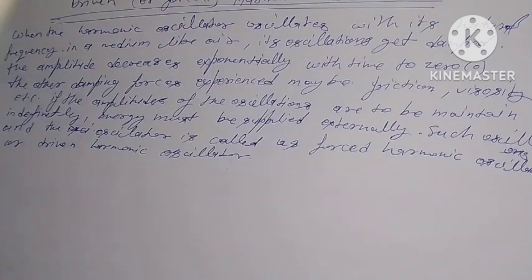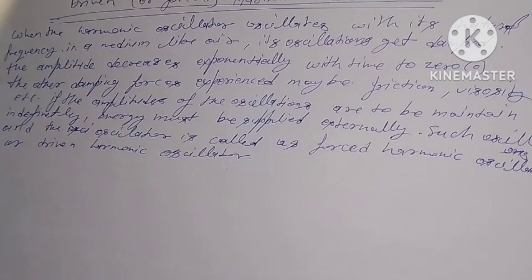The other damping forces experienced may be friction, viscosity, etc. If the amplitude of the oscillations is to be maintained indefinitely, energy must be supplied externally. Such oscillations of the body under the action of external periodic force are known as forced oscillations, and the oscillator is called a forced harmonic oscillator or driven harmonic oscillator.